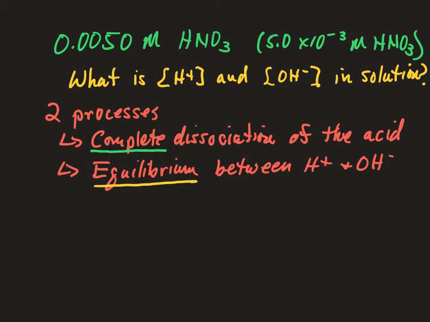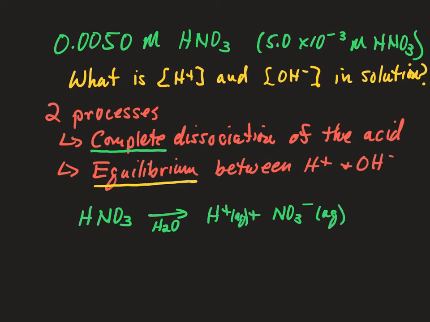So complete processes we can treat like a limiting reactant problem. If we go back to our nitric acid, it is going to dissociate completely when we put it in water to hydrogen ions and nitrate ions, interacting with water molecules.